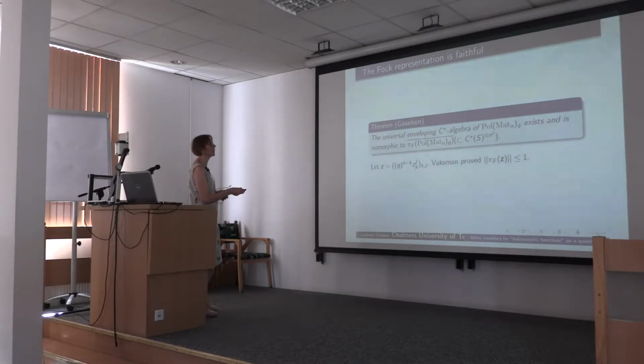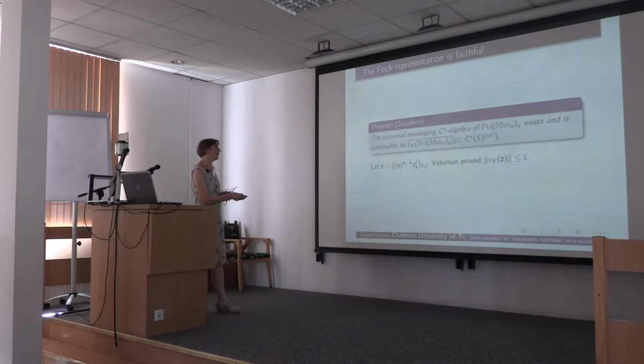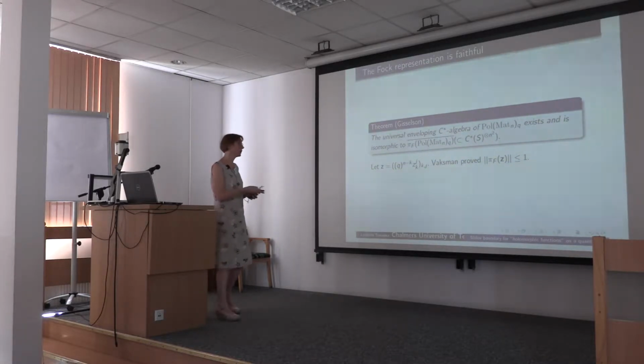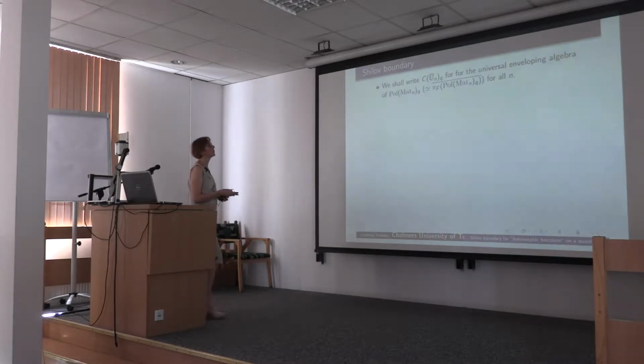The existence of the universal enveloping C star algebra follows from Waxman's remarks: if I write Z to be this matrix and apply the Fock representation to each generator, the norm will be less than 1, which is universal. Okay, so we have the theory of representation.